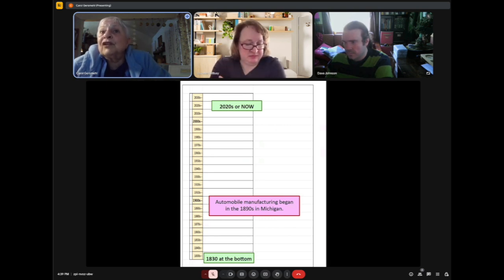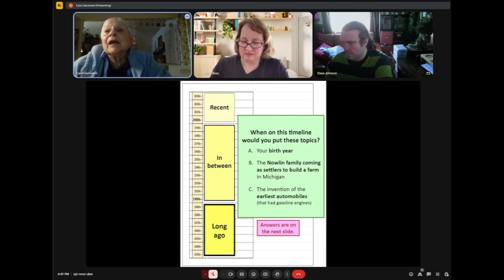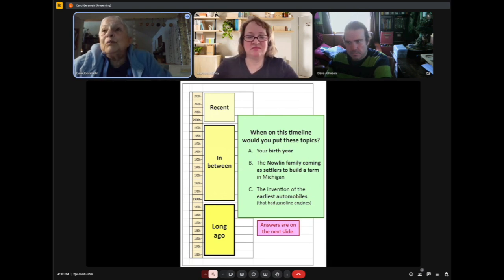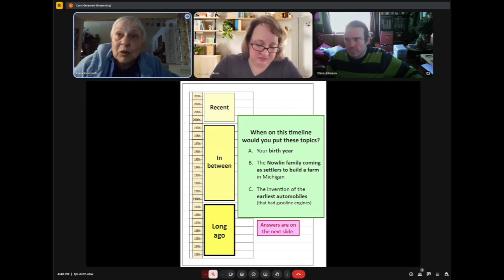Automobile manufacturing began in the early 1900s, and we have the 1830s at the bottom. So where would fourth graders put their birth year? Would they put it in recent or long ago? Where would we put the Nolan family coming? Where would we put the earliest automobiles?